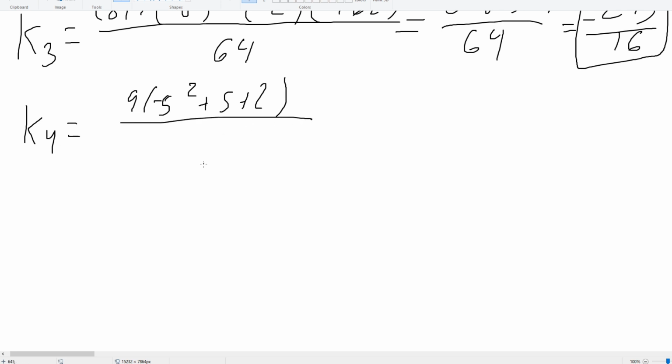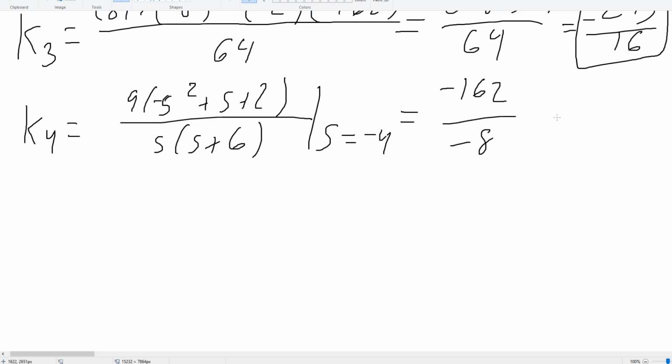Right. And then you have to do s times s plus 6, for s is equal to negative 4. This one's a very easy one. No derivative, and you just cancel out the s plus 4 squared. This will become negative 162 over negative 8, which is 81 over 4.